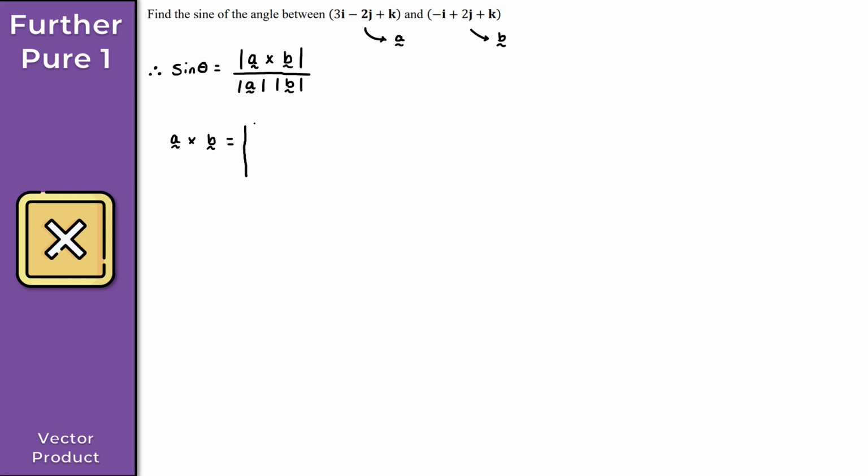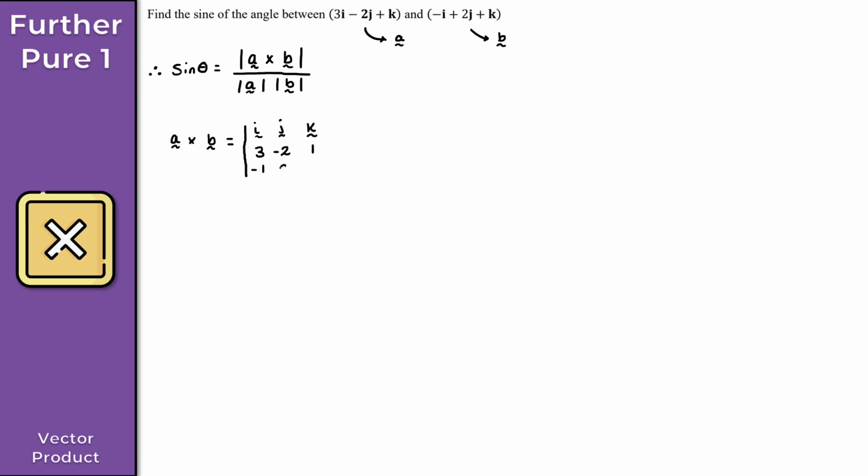So we get our 3 by 3 determinant here. Along the top row, we have i, j, and k. Along the middle row, we have 3, minus 2, and 1. And then finally, along the bottom row, we have minus 1, 2, and 1.